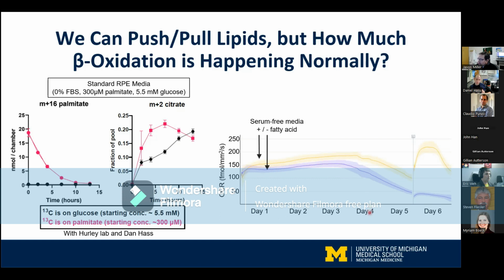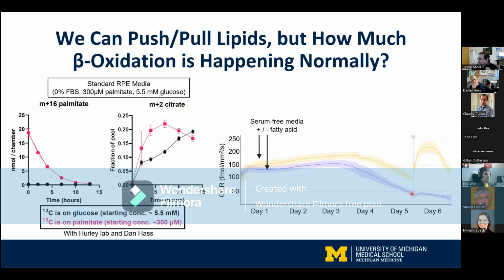You can see as day 4 and then day 5 comes around that the OCARs are dropping because all of the nutrients have been consumed in the media, and there's literally no substrates left for the RPE.